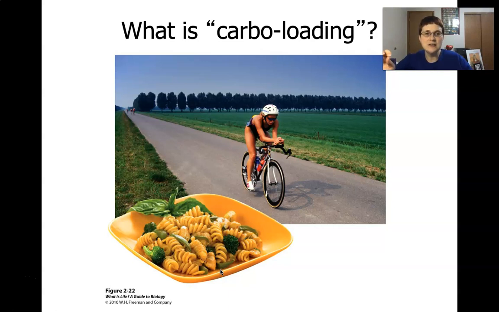You eat this the night before you have a big energy event that you need it for. For example, you've got a marathon, a big bike ride, an athletic event, a wrestling event, something like that. So you've got something coming up the next day that you need lots of energy for. So why are you carb loading? Well, it has to do with how the carbohydrates in this pasta, the bread, and so on work.